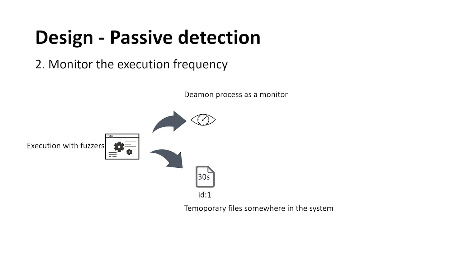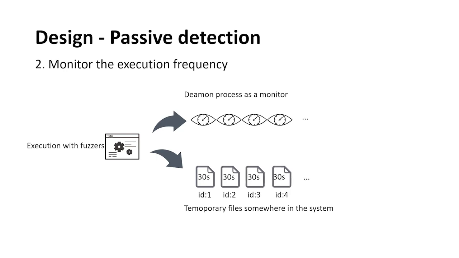However, when the program is run by a fuzzer, because a fuzzer will run the program too many times within a short time period, it will create too many files and daemon processes, until it reaches a threshold.